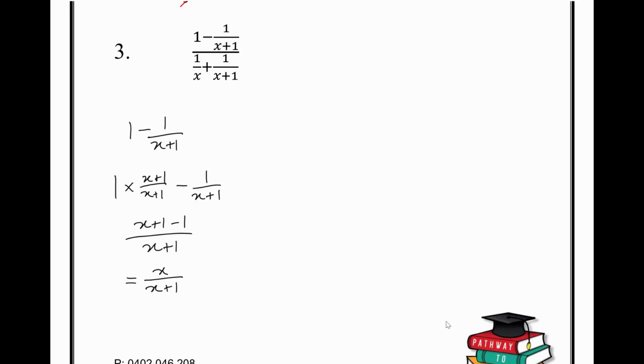Now let's look at the second half, which is 1 over x plus 1 over x plus 1. Now to put these two in a common denominator, we can't actually add 1 to the denominator on the left. We do simply just cross multiply. This will give us a denominator of x times x plus 1.